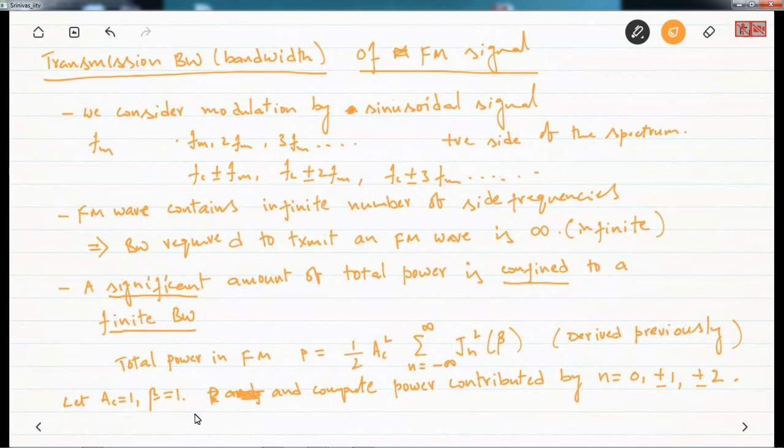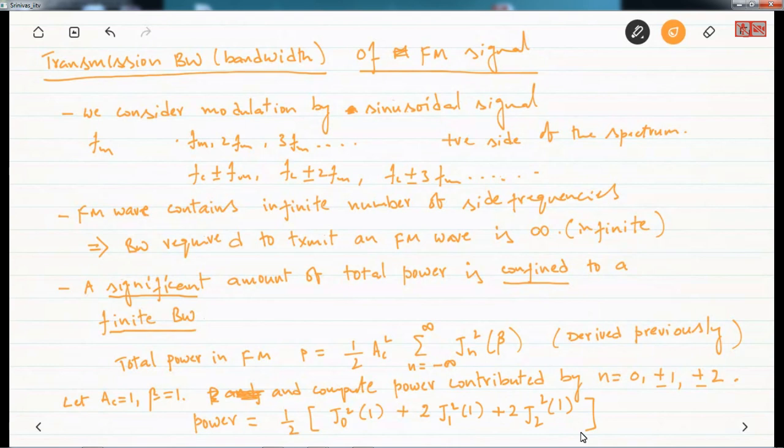That power is equal to half into J0 squared of 1 plus 2 into J1 squared of 1, because there will be J minus 1 squared and J plus 1 squared, whose magnitudes are the same, plus 2 into J2 squared of 1.